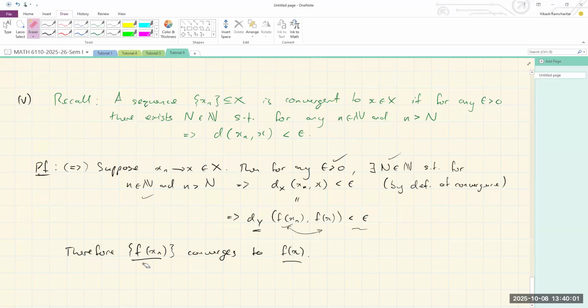In fact, you could go both ways in this proof as well, since f is bijective and an isometry.